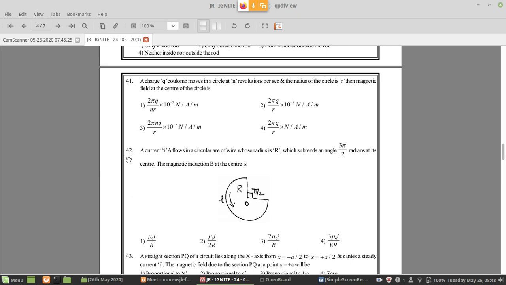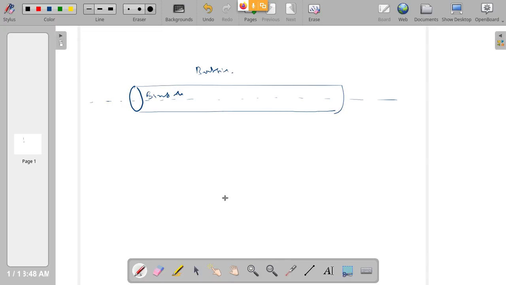The formula, of course, we have mu naught. Here a slight modification is done. We know for the current loop B is equal to mu naught I by 2R. Here this is 4 pi into 10 power minus 7, and I is nothing but nQ, because I is basically Q by T, the time period.